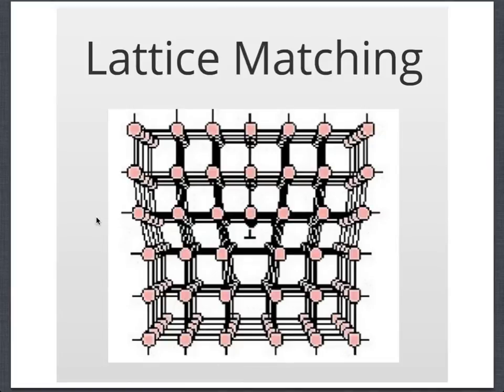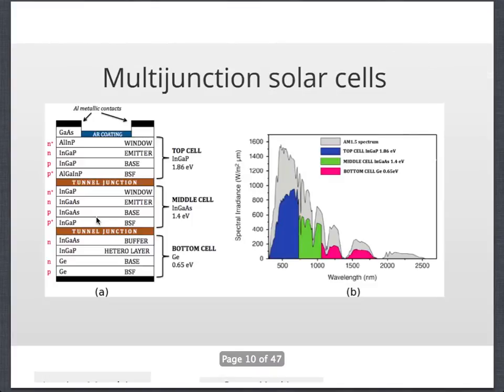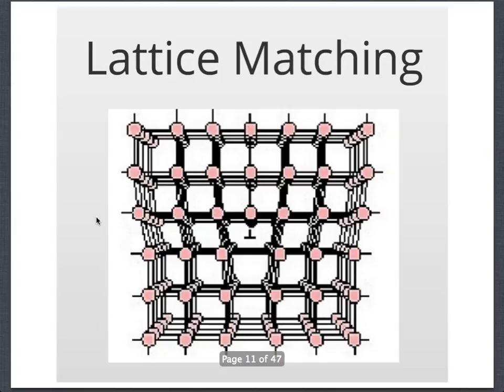Another reason is lattice matching. As you are growing one layer, for example, if you are growing indium gallium phosphide on germanium, then you will have to make sure that the lattice constants of those two layers match. Otherwise, as you can see here, you will create a defect. Defects are not good for solar cells.